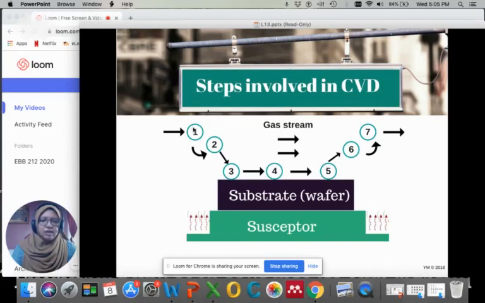Steps 1, 2, and 3 are the reactions involving the reactants, while steps 5, 6, and 7 are the reactions of the byproduct. So it's easier to explain the steps involved in CVD by drawing this schematic diagram.